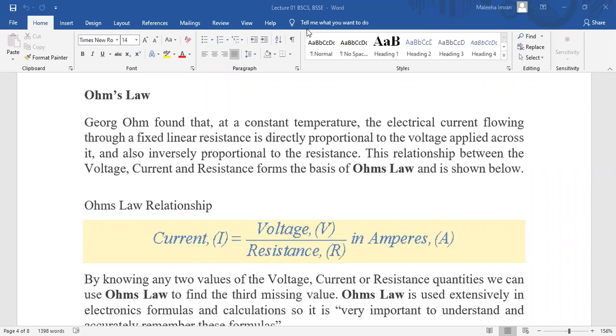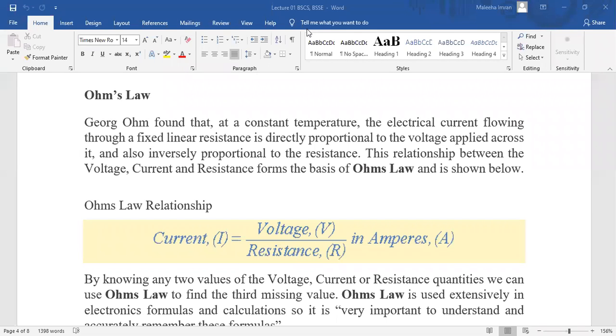Ohm's law states that the current flowing through any conductor or any wire will be directly proportional to the applied voltage and inversely proportional to the resistance. So we can write the expression that the current will be equal to voltage over resistance.